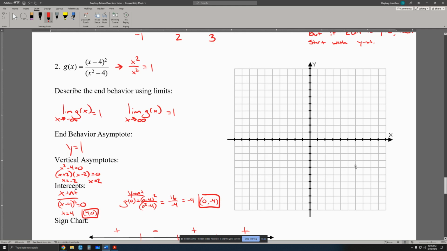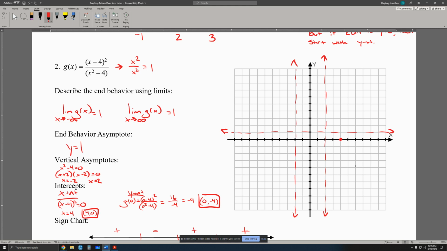So we have vertical asymptotes at -2 and +2. We have our end behavior asymptote, y equals 1. We've got our x-intercept, (4, 0).